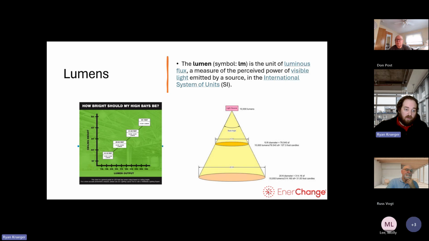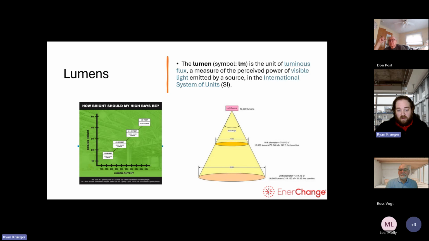You go up another 10 feet, 22,000 to 35,000. At 30 to 40 feet, you're looking at 35 to 47,000 lumens.